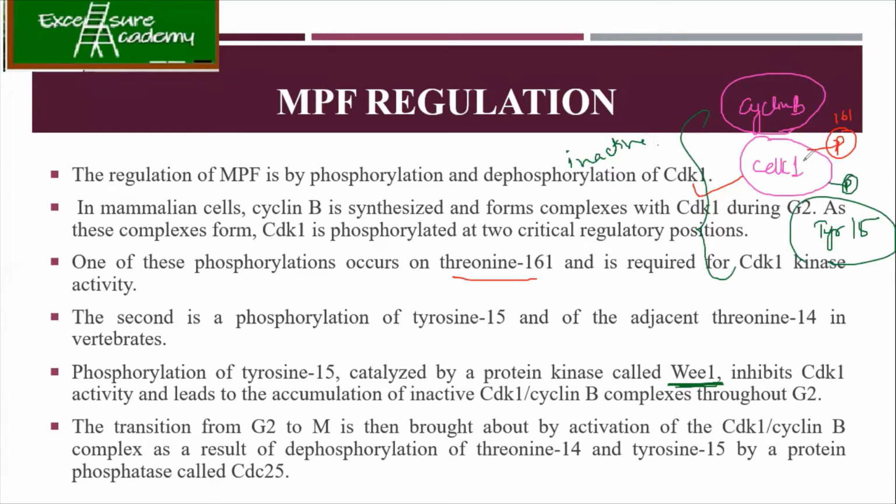Clear? And this is also present at 14. Now, this is the inactive structure. So in order to bring about the activation of this CDK1 and cyclin B complex, dephosphorylation of 14 and 15 is required. Who will do this? A phosphatase known as CDC25.